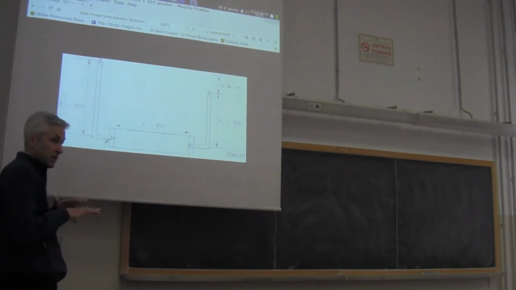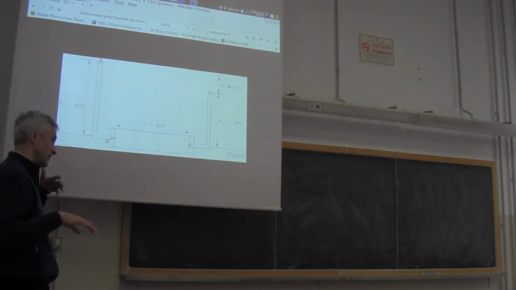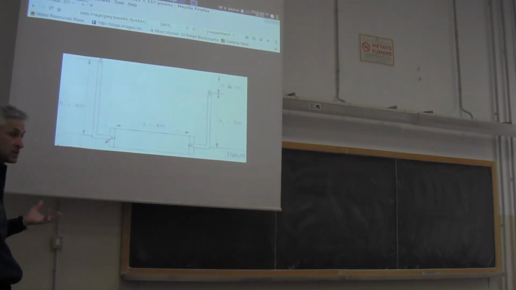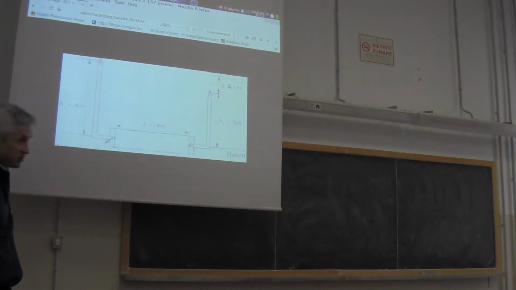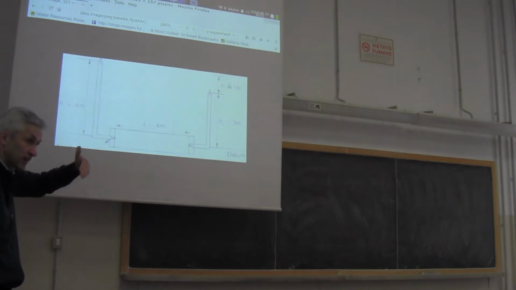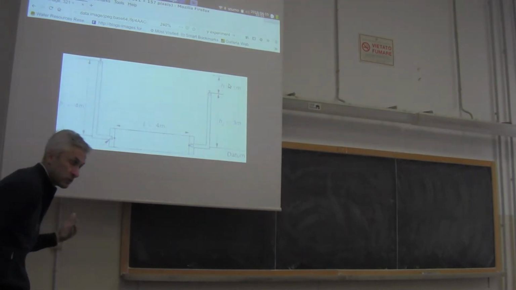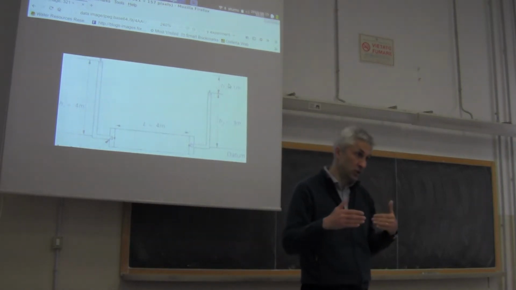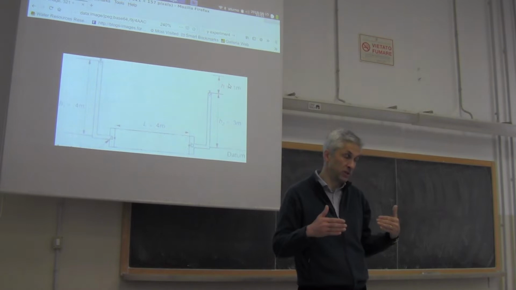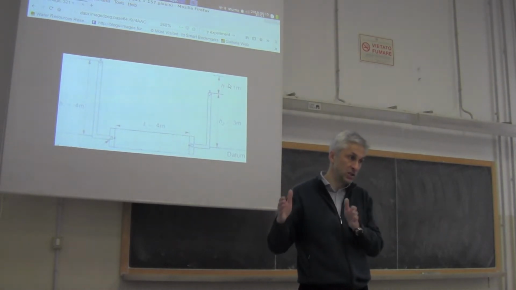It is a very simple lab experiment, and therefore he observed that there is a linear relationship between the change in space of the head and the flow, which is something that we don't find in surface flow. In surface flow, there is not a linear relationship. There is a quadratic relationship between the flow and the change in head.